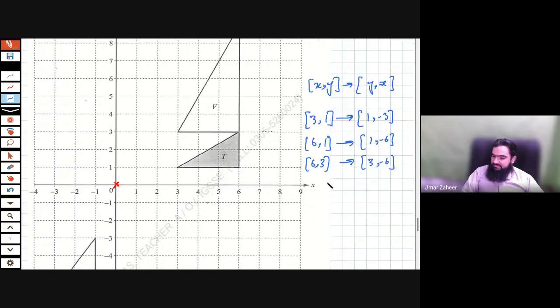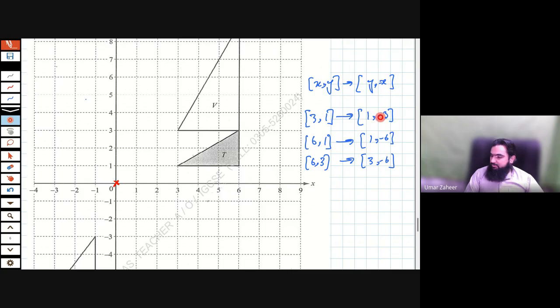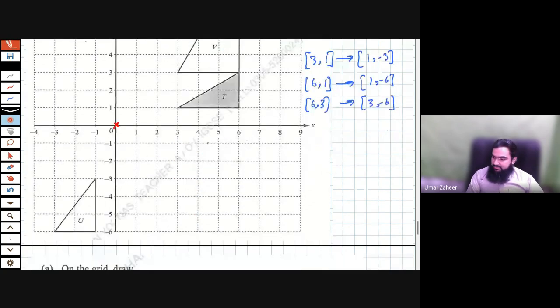Let's see, take the distance. So 1, minus 3. 1, 2, 3. Sorry, from the center of rotation. This is the center of rotation. 1, 1, 2, 3. This is the point. Now 1, 1, 2, 3, 4, 5, 6. This will be the point. Next, 1, 2, 3, and 1, 2, 3, 4, 5, 6.